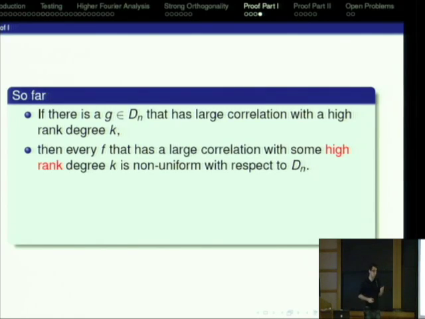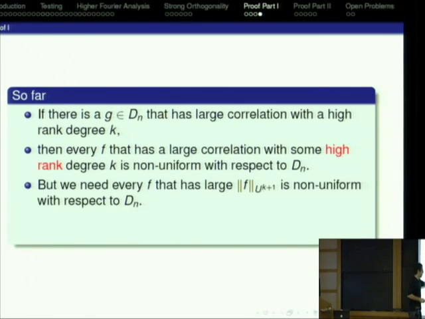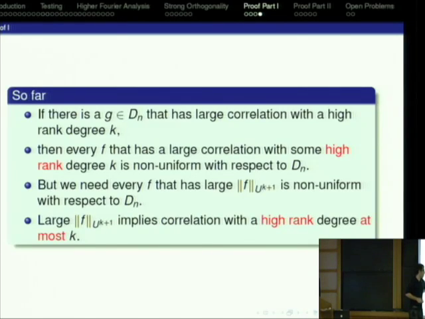We are not done with our theorem yet, because we want to show that we are accepting any function which has large uniformity norm. One of the reasons this can happen is because f correlates with a high rank degree k polynomial. But it can also happen if f correlates with a high rank polynomial of degree at most k, with something of lower degree. So we are not done yet, and that's the second part of the proof.